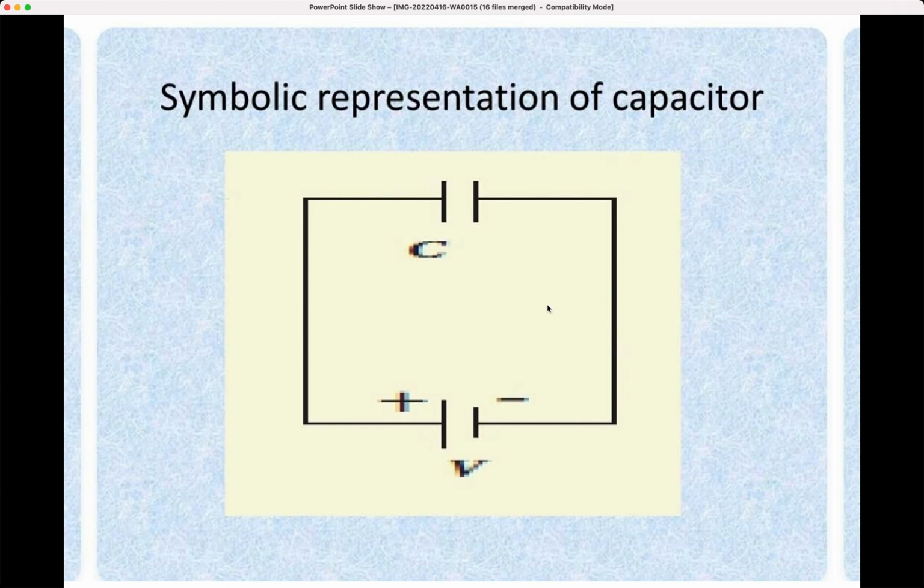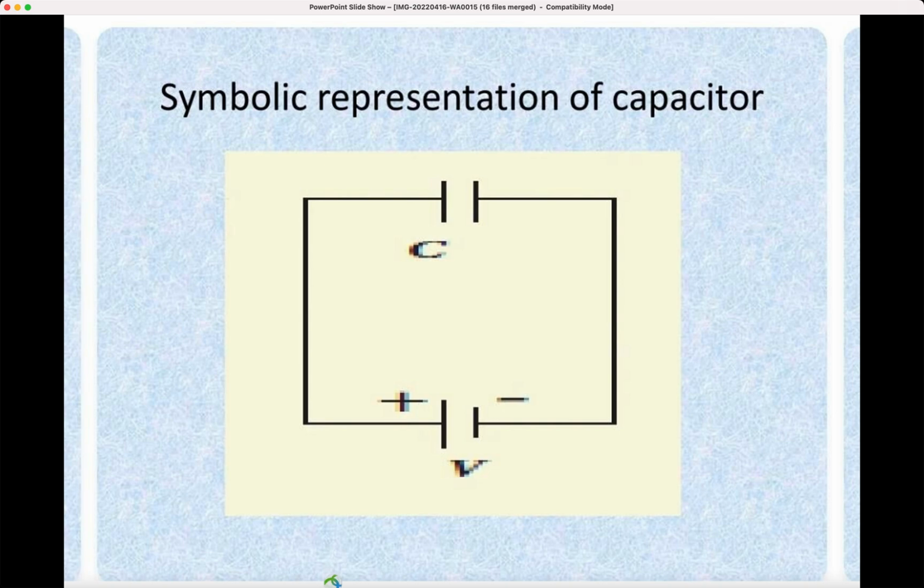Suppose you connect a DC voltage across the capacitor. When one plate is connected to the positive end and the other to the negative end, and you apply the potential of a battery across the capacitor, what happens? The plate connected to the positive end, plate 1, and the other plate connected to the negative end, plate 2.